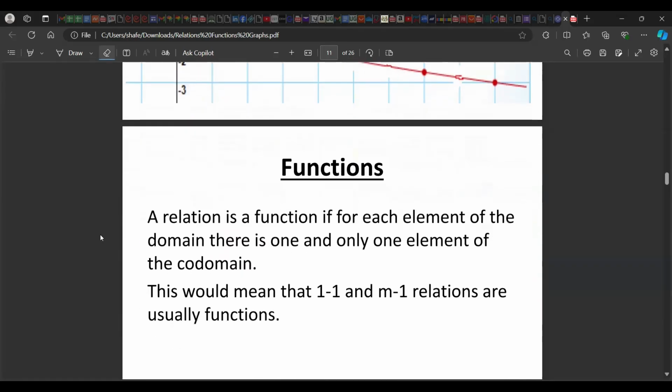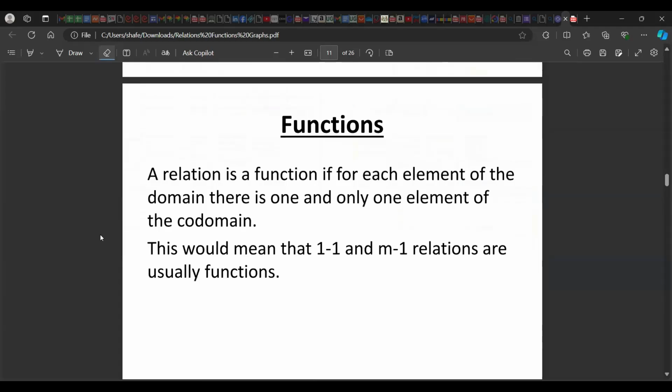So next we want to go to a related relationship, which we call functions now. And this is what it says here. This is a technical definition of what a function is.